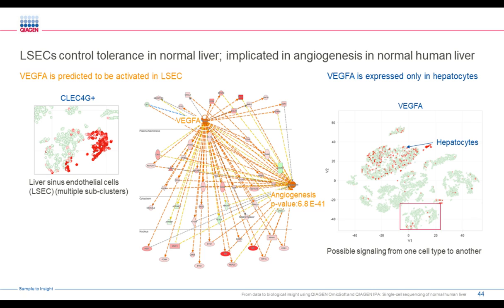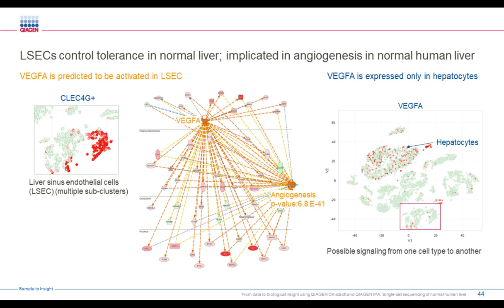In that particular group, we have identified VEGF-A, as I mentioned in the previous slide, to be predicted to be activated. Let's imagine we put all the genes that are known to be associated with VEGF-A downstream of it, connected to them, and we can look at what would be the biological processes that are statistically significant.